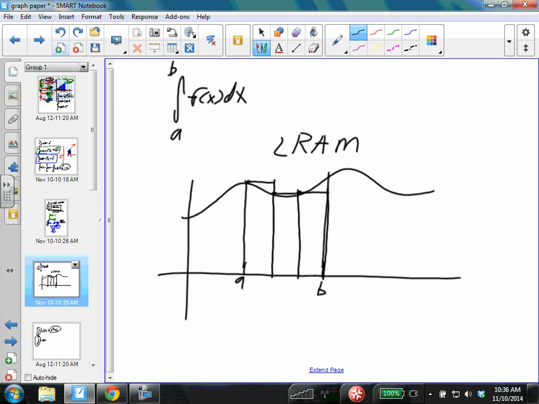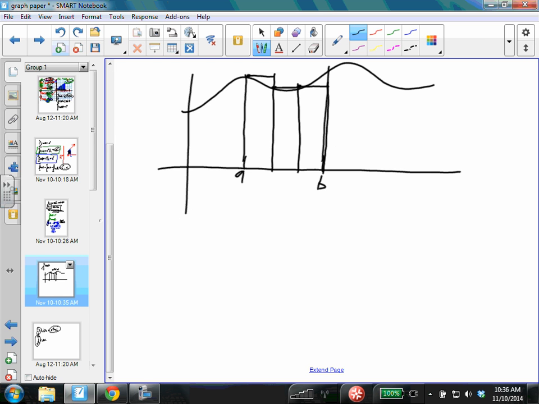And so if I did that, okay, how do I get the area of each of these rectangles? Okay, so how do I get the left-hand value? Whatever this function is, f of x. In order to get the height right here, I need to plug a in.